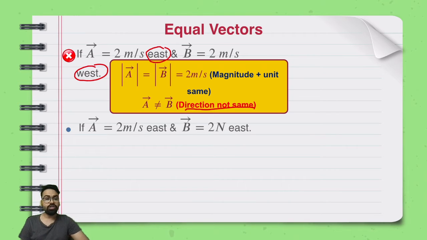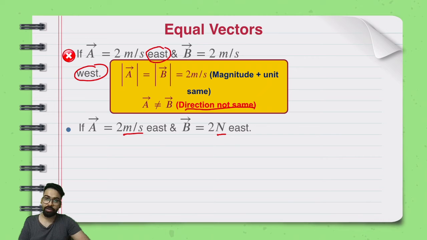Okay, let's take a second example. Let's say we have a vector as 2 meter per second east, that is the same A vector as we had earlier, but this time around we have a different B vector. Now if you see, this time around the unit itself is changed. Instead of meter per second, you find Newton over here, 2 Newton towards east. Now I will say that this thing seems to be incorrect.